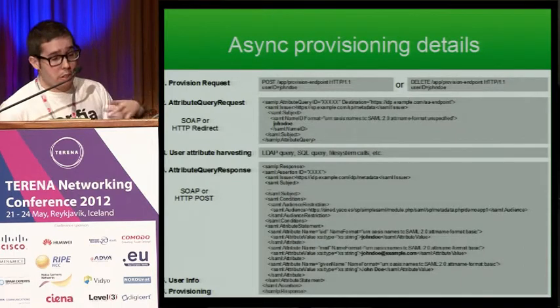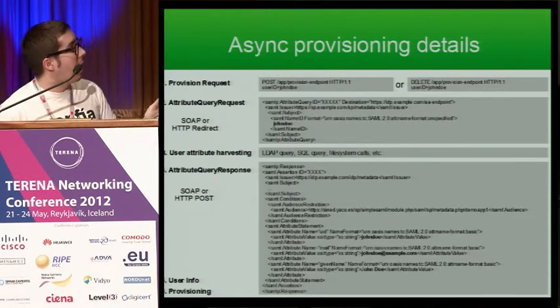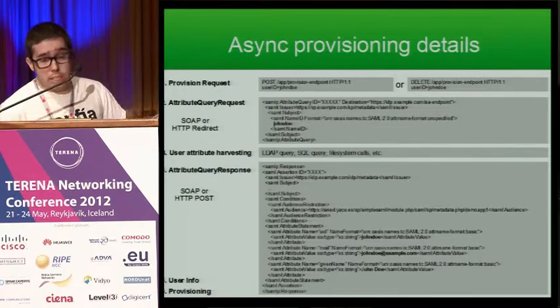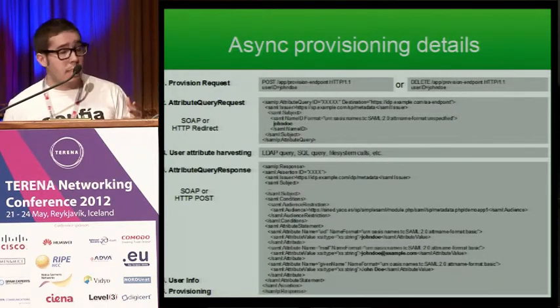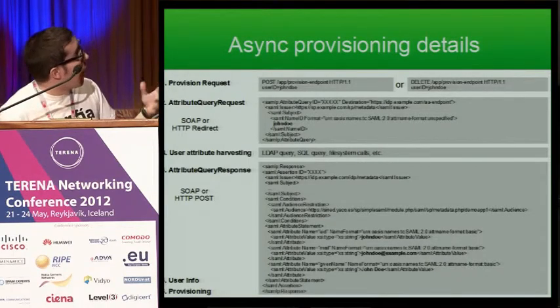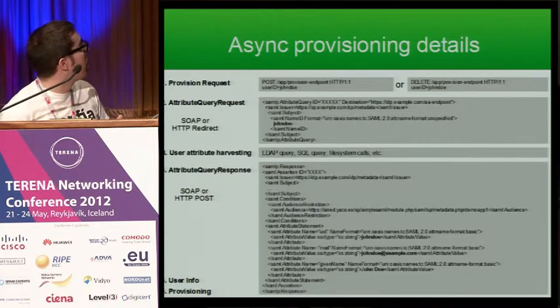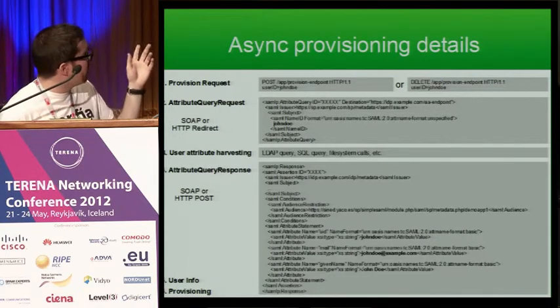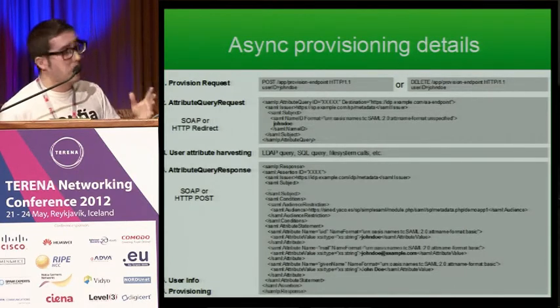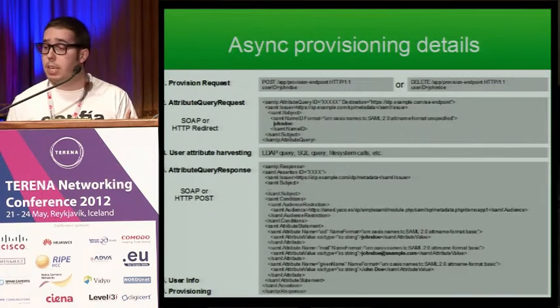Then for collecting the attributes, there are a lot of ways of doing this. You just go to your sources and get the information. And then in the attribute query response, you put all the attributes, but that's a typical attribute query response. And the user info sending and the provisioning is specific to the application.